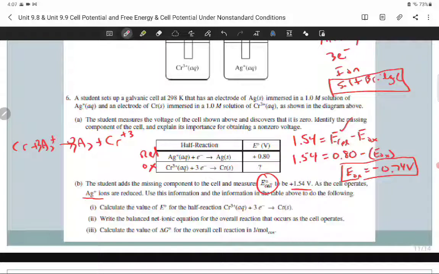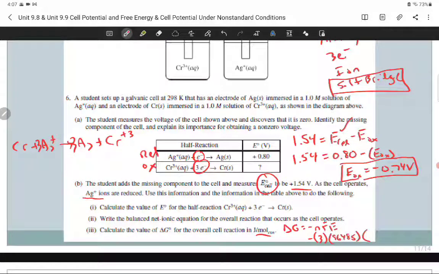Calculate delta G. Oh, it wants it in joules per mole. So we have negative n F E. So how many moles of electrons are transferred? We have 3. 96,485 coulombs per mole of electrons.